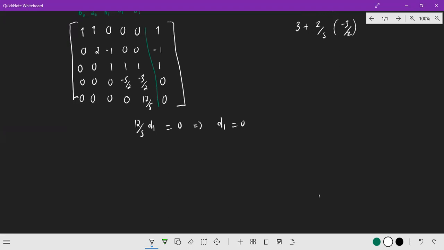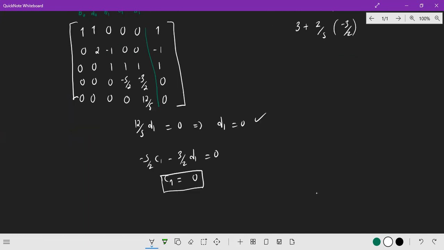Okay, so for D1, and then negative 5 over 2, that will be C1. Negative 5 over 2 C1 minus 3 over 2 D1 equal to 0. And since D1 is equal to 0, you see that C1 again will be equal to 0. Okay.